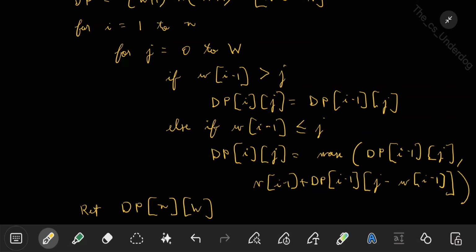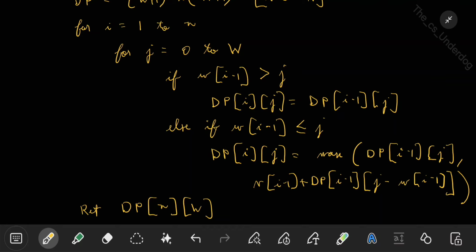One is, if the weight of the ith item is more than j, that is more than the capacity of the knapsack, then you can include only i minus 1 items, because the ith item is anyway useless. It is having more weight than the total capacity of the knapsack allowed at this point. So you will include i minus 1 items, and your complete capacity j will be available for the i minus 1 items. That is what this means. So in this case, your dp[i][j] will be the same as dp[i minus 1][j].